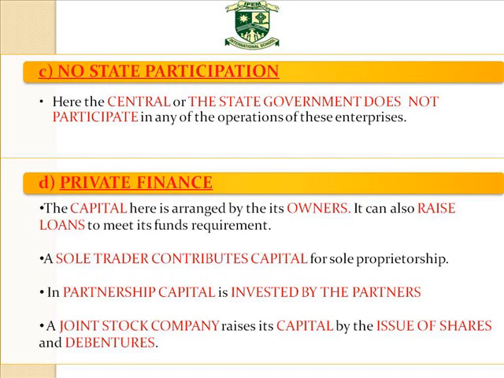When I say no government involvement, it means that internally the government cannot interfere in the functioning, operations or decision-making of these organizations. But definitely there has to be an existence of government.